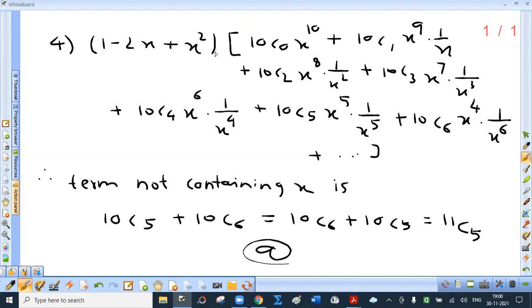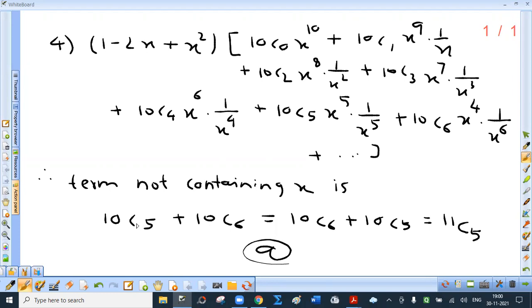So if you multiply any of these terms by −2x, you won't get a term independent of x, that is, a constant term. Now x² into a term 1 upon x² will be a constant term. Now 1 upon x² means which one? See the cursor, this one. And therefore the constant part is 10C5 + 10C6.